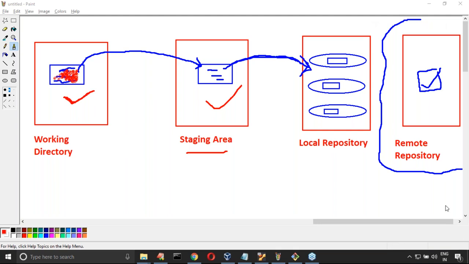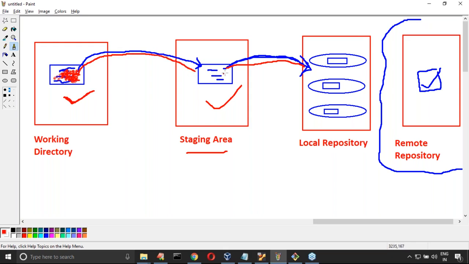Now observe this very carefully. Suppose I added the file to the staging area and committed. After committing, I made some more changes and added them to the staging area.